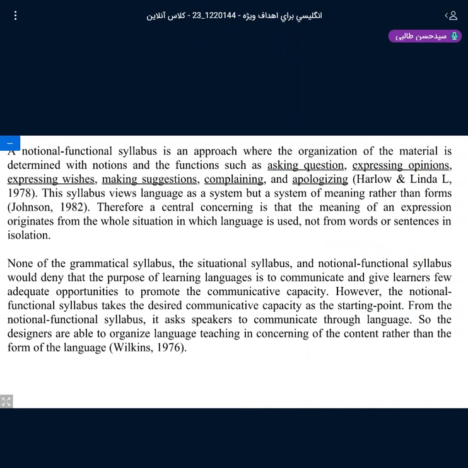Grammar is there, vocabulary is there. You indirectly learn vocabulary and grammar. The focus is not on vocabulary and grammar, unlike the previous syllabus. But the structure is just a vehicle or a means in order to learn the use of language.